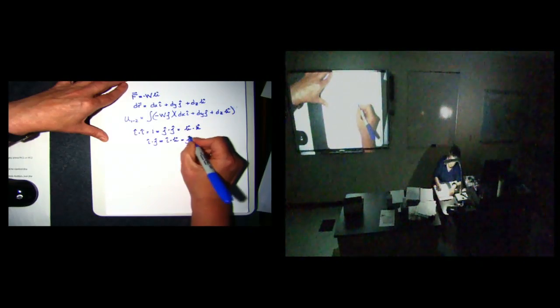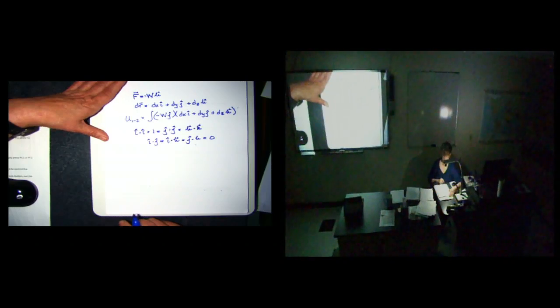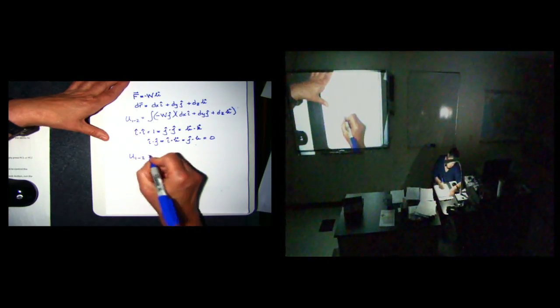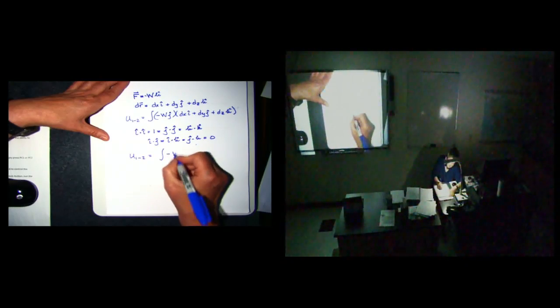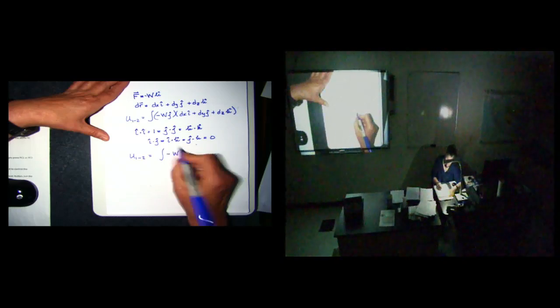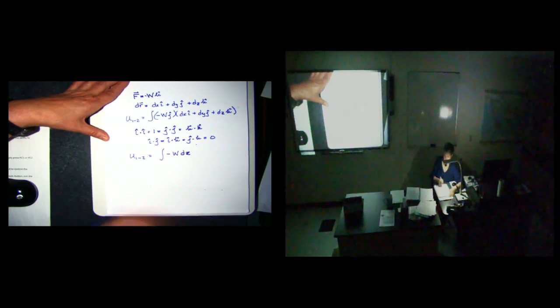So we end up, and we can do it this way. If I start with F equals mass times acceleration, and this is equal to v dv ds, then we get F ds is equal to mv dv.